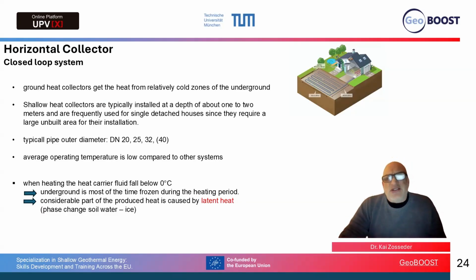The shallow heat collectors are typically installed at a depth of, as I said before, about 1 to 2 meters, and are frequently used for single detached houses because you need a large free area to install these horizontal collectors. You also need precipitation and so on for the recovery of the system, so that the heat gets back to the underground if you cool it down in wintertime.